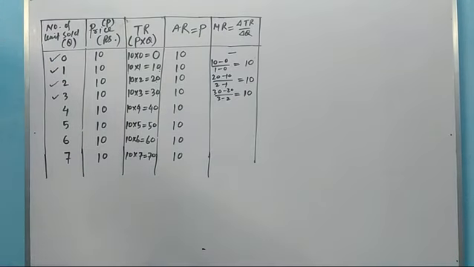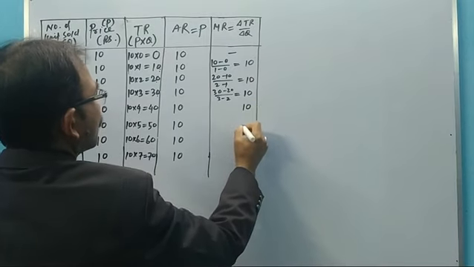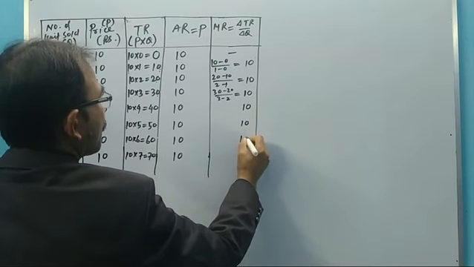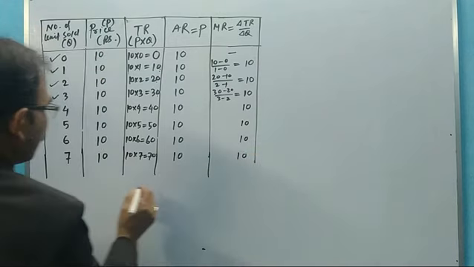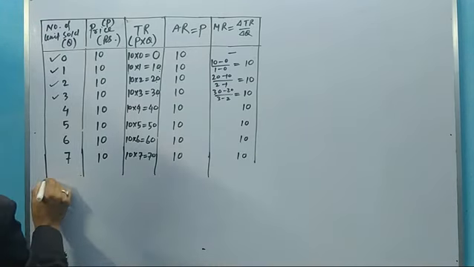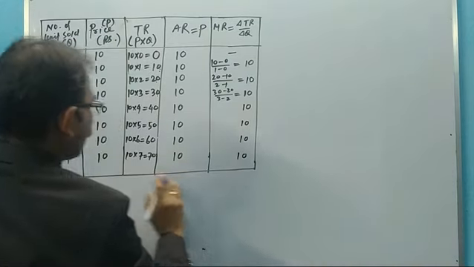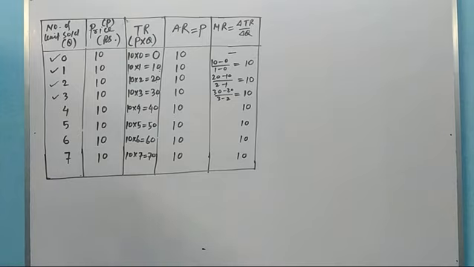In this way, if we calculate, then we can get the same amount: 10, 10, 10 and 10. Clear all of you?